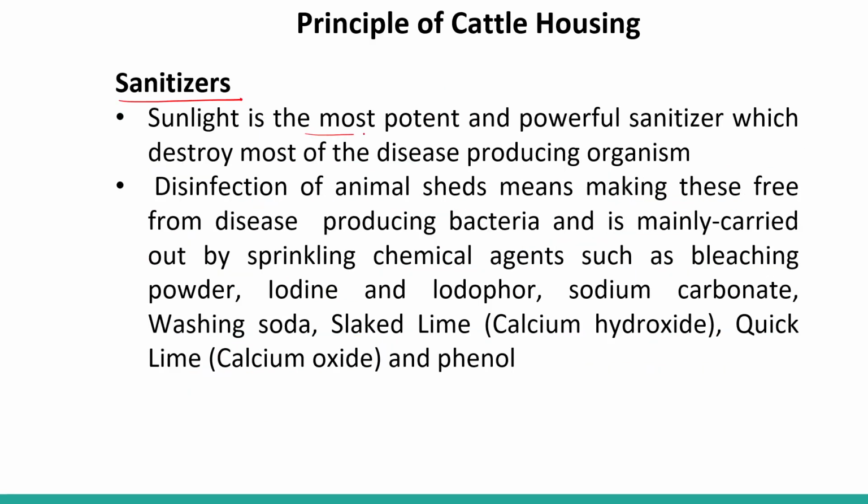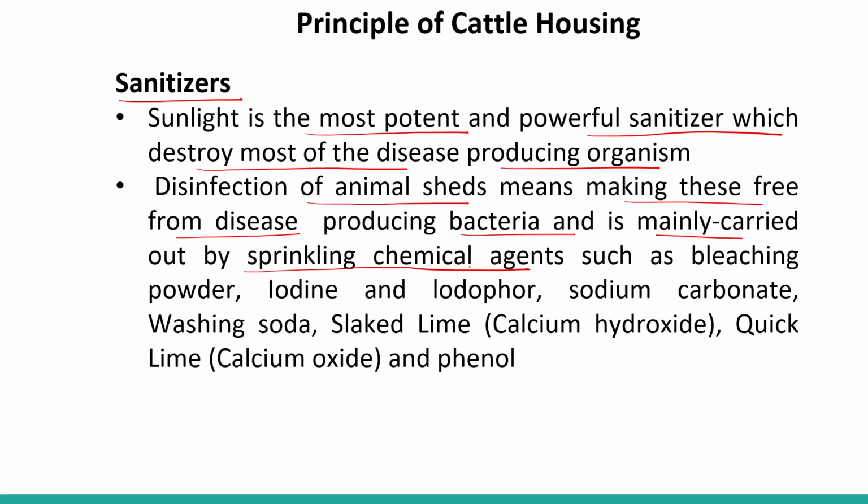Sanitizers. Sunlight is the most potent and powerful sanitizer which destroys most of the disease producing organisms. Disinfection of the animal shed, meaning making it free from disease producing bacteria, is mainly carried out by sprinkling chemical agents such as bleaching powder, iodine, iodophor, sodium carbonate, washing soda, or slaked lime, that is calcium hydroxide.